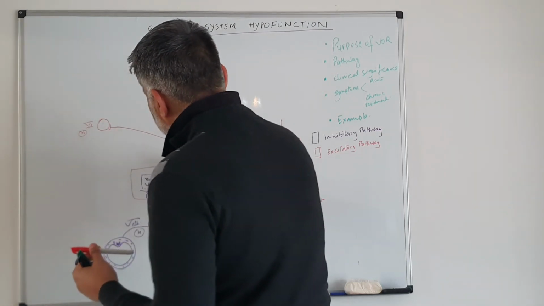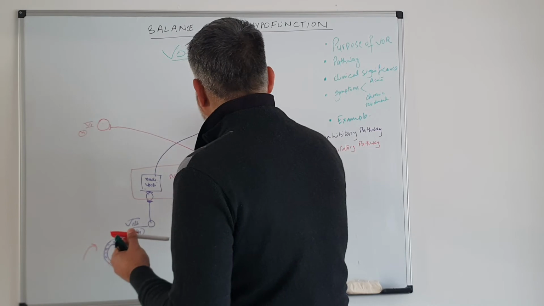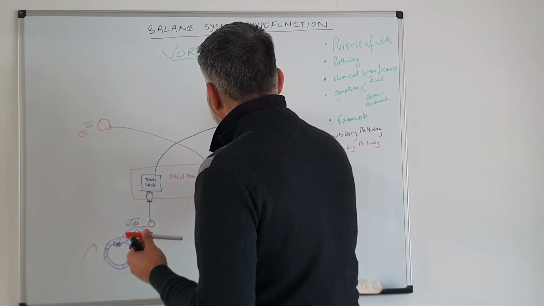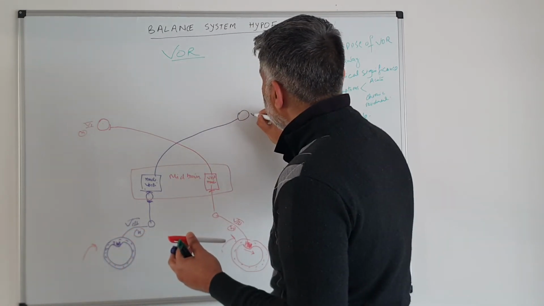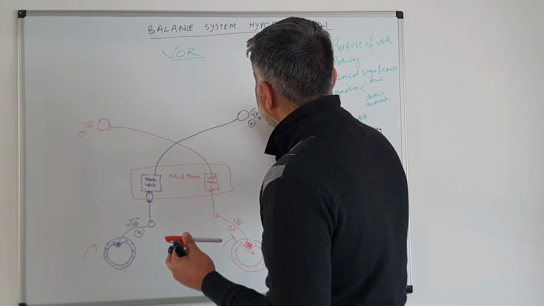And this is the inhibitory pathway which travels to the opposite side and then inhibits the sixth nerve nuclei.